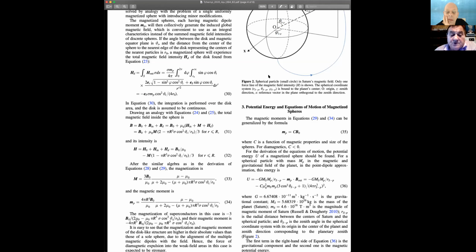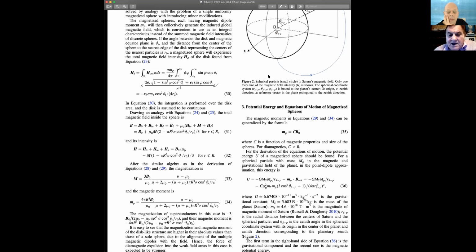Hence, the force of diamagnetic expulsion into the weak field areas is, in this case, expected to be stronger.